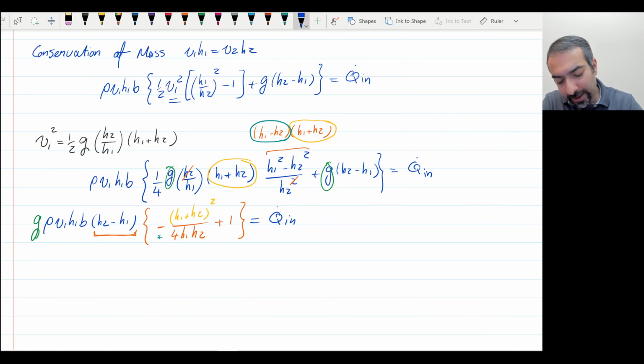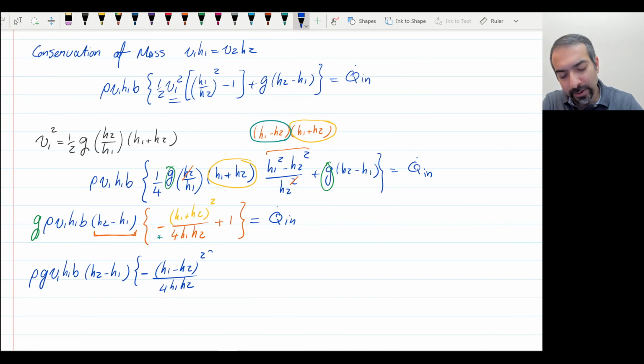And then so we have rho g v1 h1 b (h2 minus h1). This is going to be minus (h1 minus h2) to the power 2 divided by 4 h1 h2.